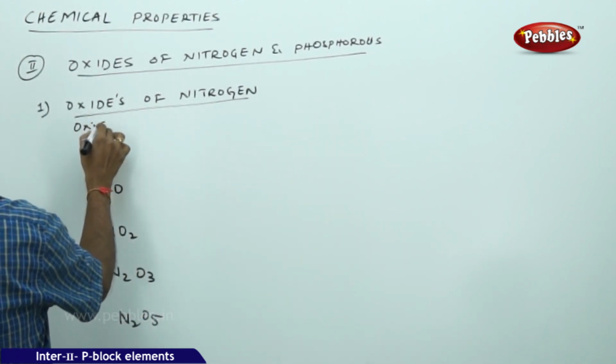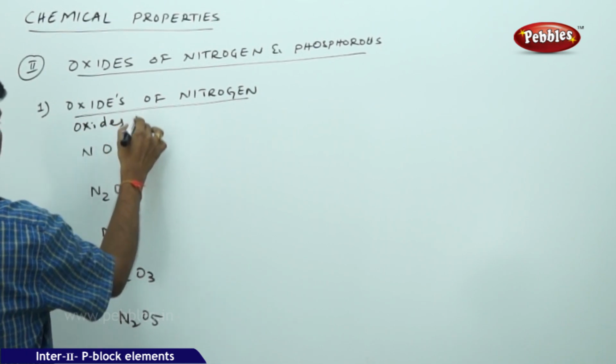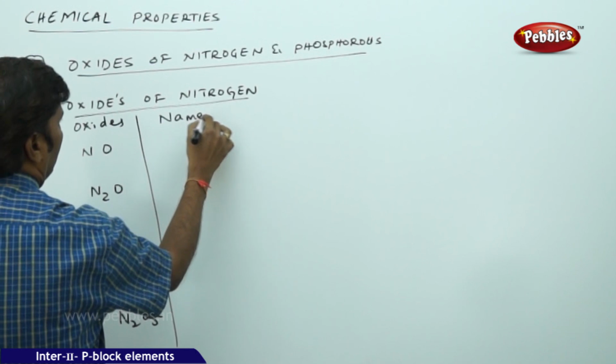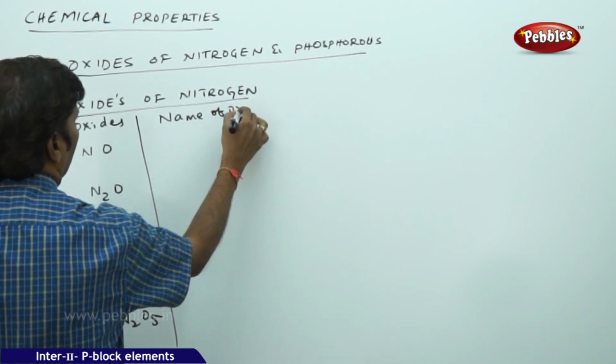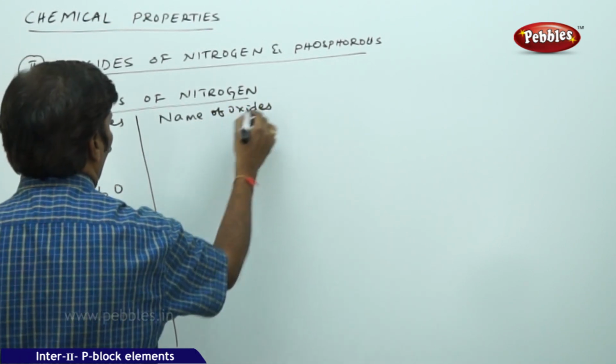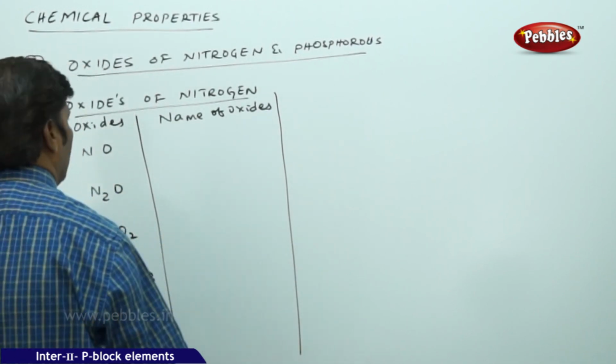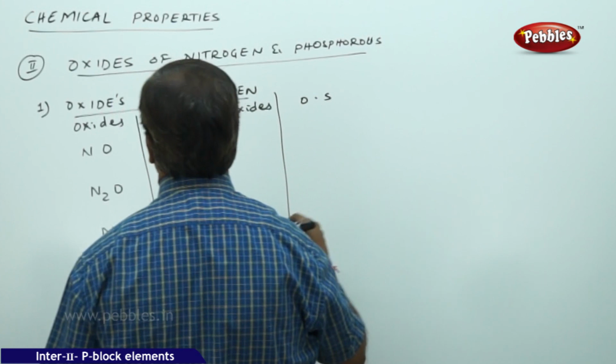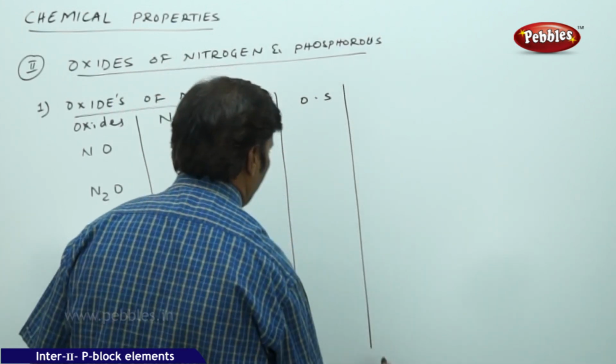I can just put it like this. This is oxides, then name of the oxides, then oxidation state of the oxides.